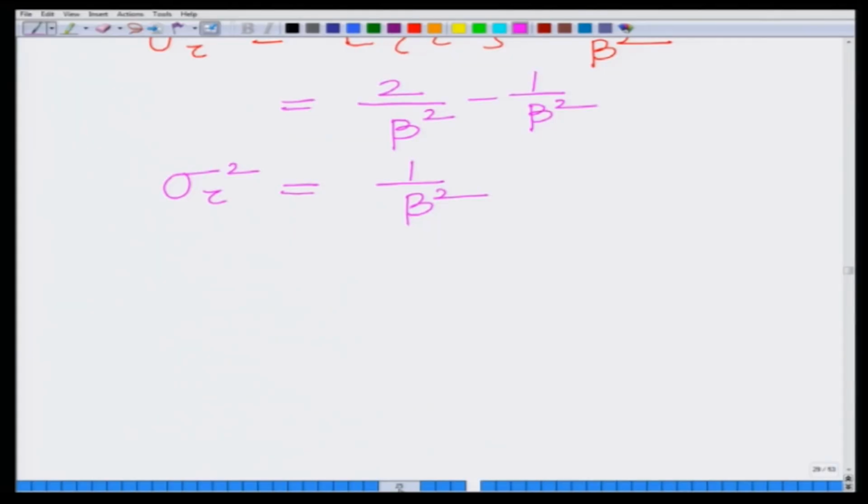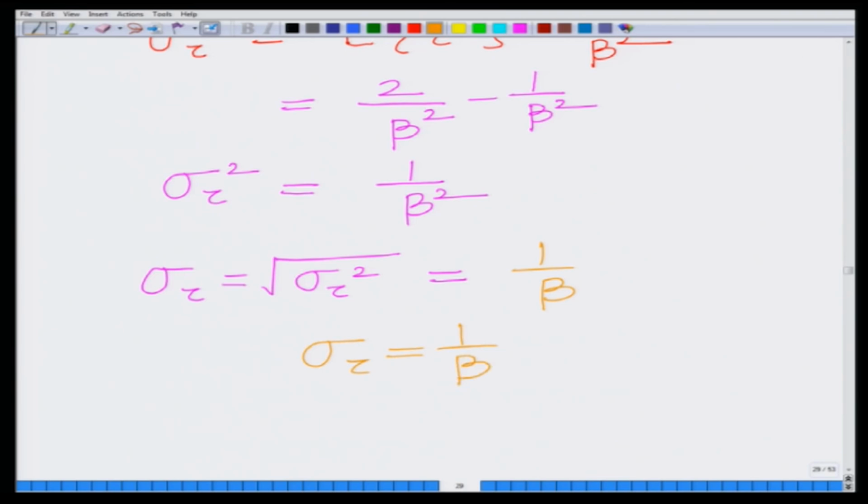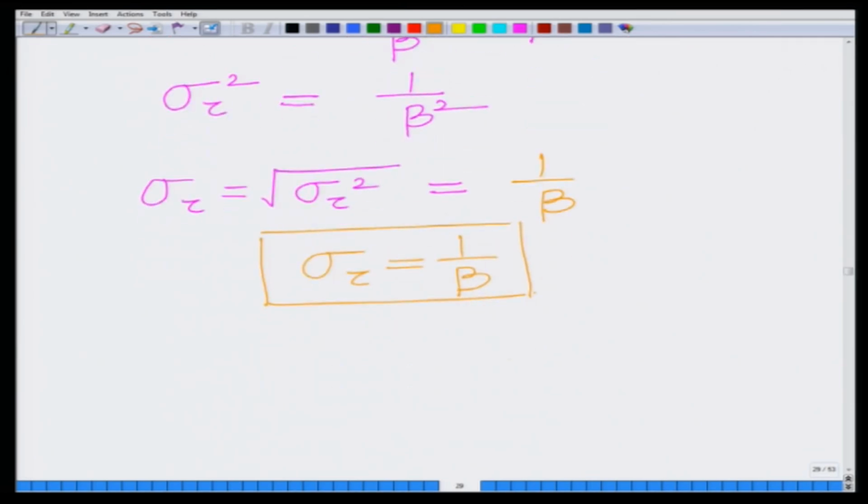Now, sigma tau equals obviously the square root of sigma tau square, which is equal to 1 over beta. So, we have the standard deviation sigma tau equals 1 over beta, and this is an important parameter in wireless communication. This is also the RMS delay spread.